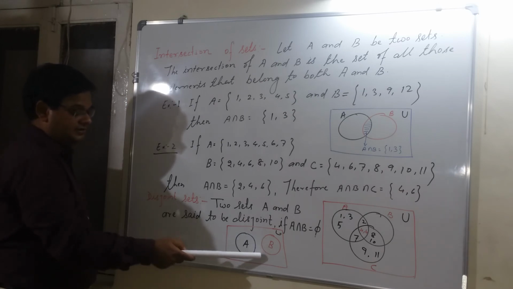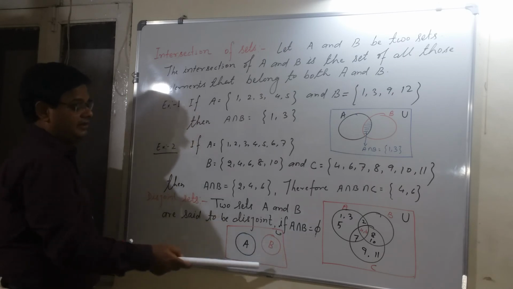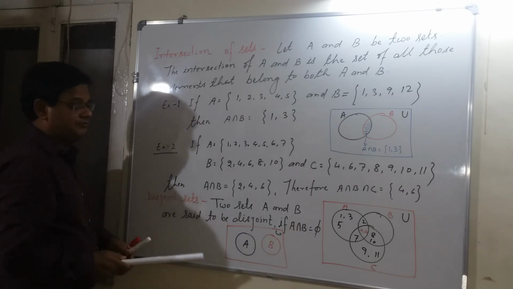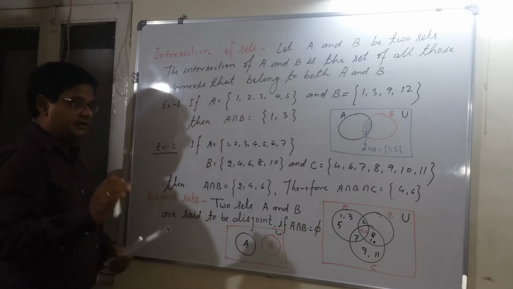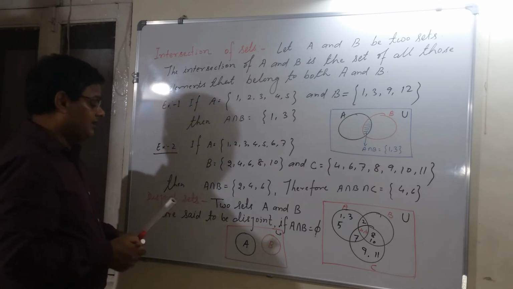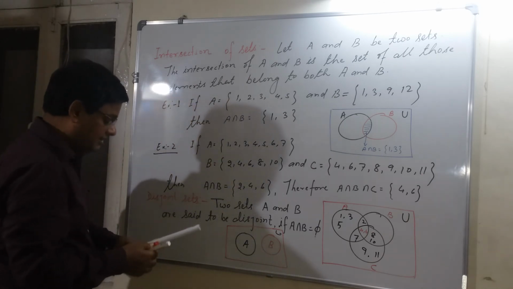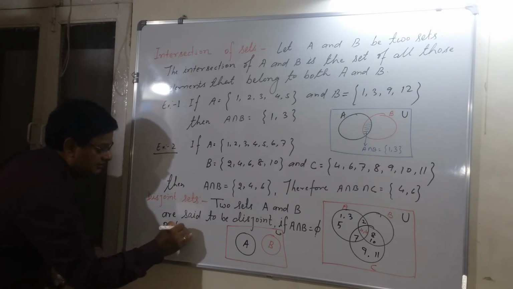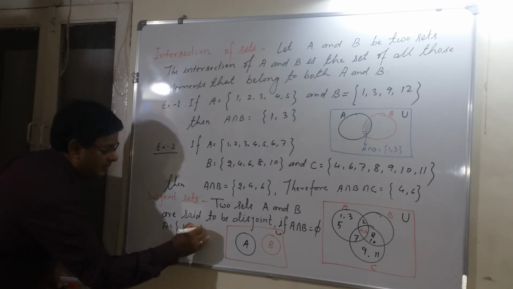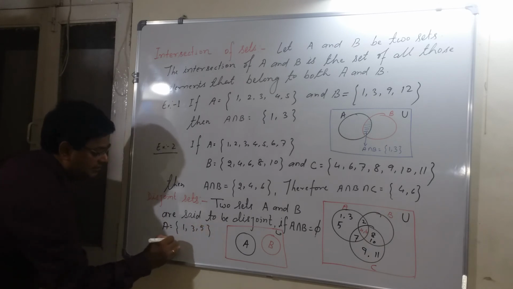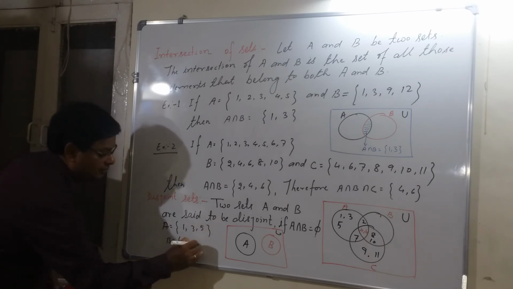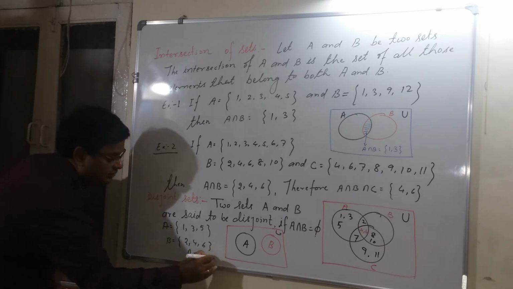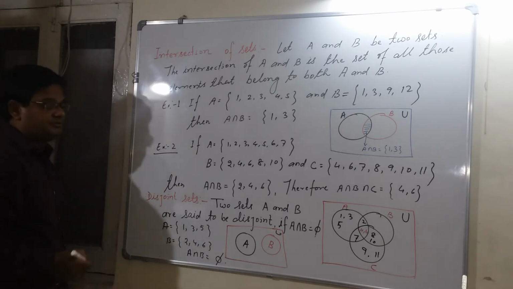For example, suppose A is the set {1, 3, 5} of odd numbers and B is the set {2, 4, 6}. Then A intersection B is the null set, which means they are disjoint sets.